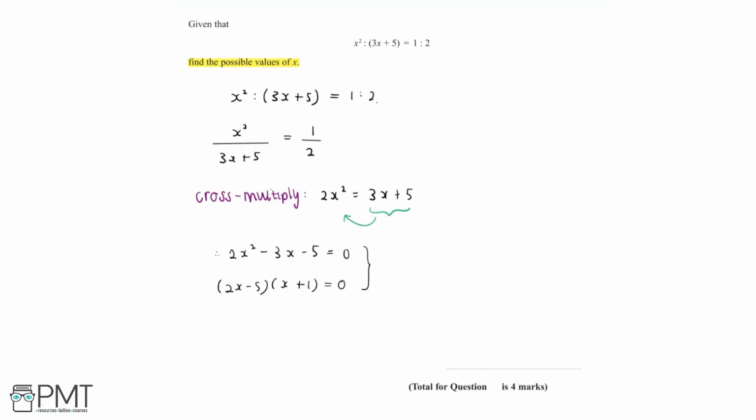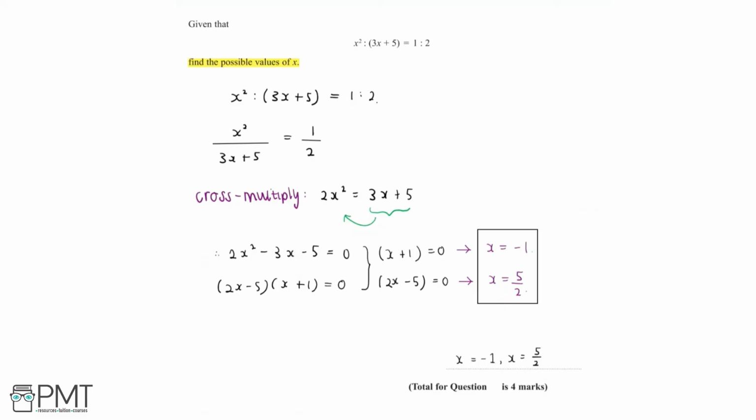Now when x plus 1 is equal to 0, we can rearrange for x and find that x is equal to minus 1. And when 2x minus 5 is equal to 0, we can rearrange for x and find that x is equal to 5 over 2. And so we've now found the 2 possible values of x. We said that x could be equal to minus 1 and x is equal to 5 over 2.